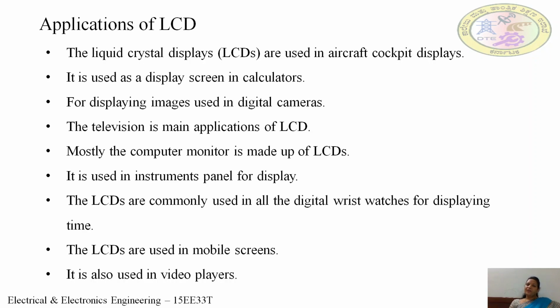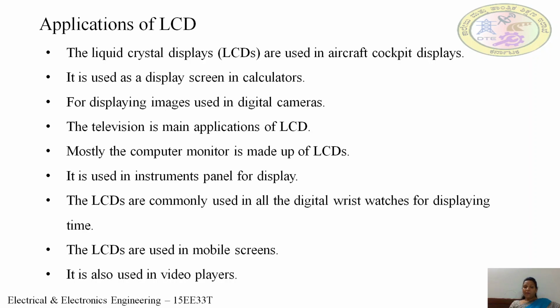Okay, so liquid crystals are used for such purposes. They are also used in the screens of calculators, and also for displaying images in digital cameras. Television is one of the main applications of liquid crystal display, and computer monitors are made up of liquid crystal display, and they are also used in instrument panels.